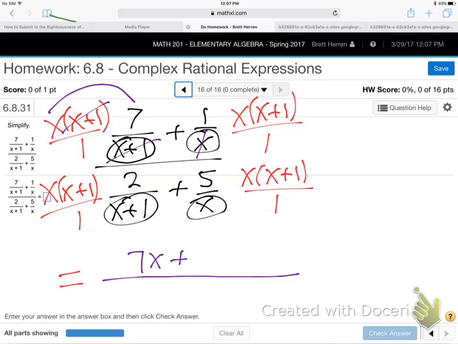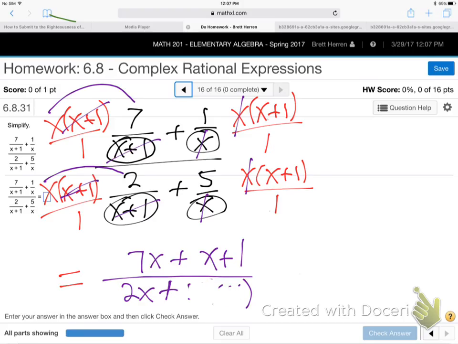Plus x cancels x, x plus 1. Good so far. X plus 1 cancels x plus 1. X times 2, 2x. Plus x cancels x, 5.